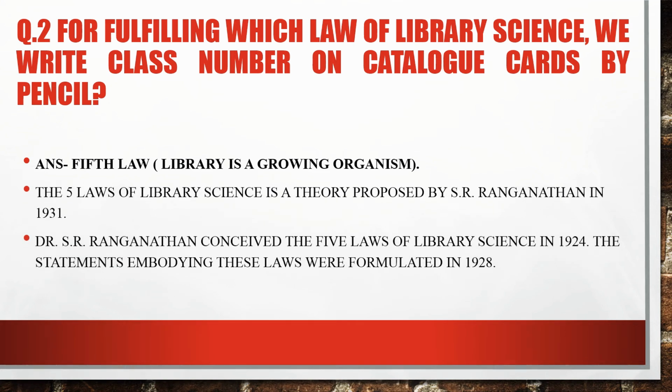Let's revise a few points regarding laws of library science. As we all know, the 5 laws of library science is a theory proposed by S.R. Ranganathan in 1931. But students, please make clear that there are 3 different dates related to these 5 laws. Dr. S.R. Ranganathan conceived the 5 laws of library science in 1924. Next, the statements embodying these laws were formulated in 1928.